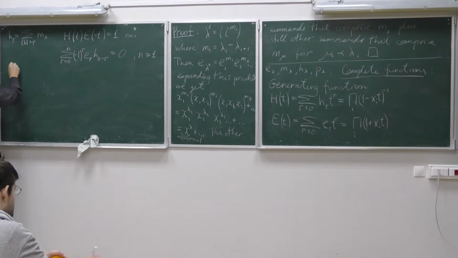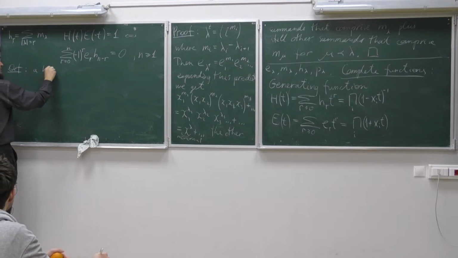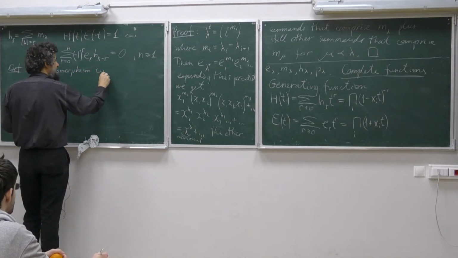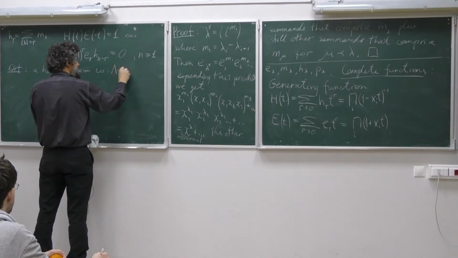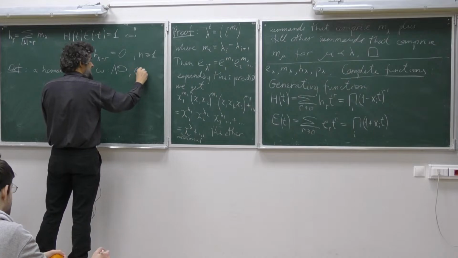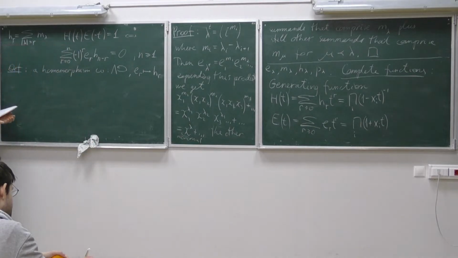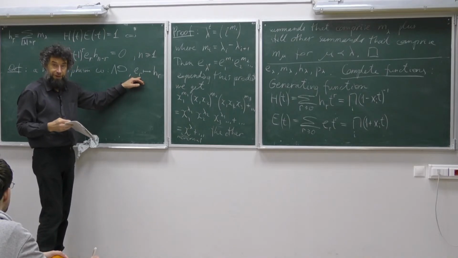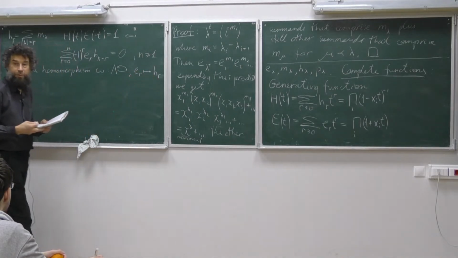Okay, and well, as a corollary, we can define an involution omega that I mentioned last time, a homomorphism. Omega, from lambda to itself, takes e_r to h_r. Since our ring is just a free commutative ring in generators e_r, we are free to choose the values on e_r whatever we like.